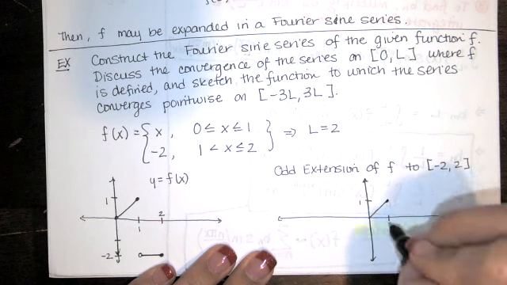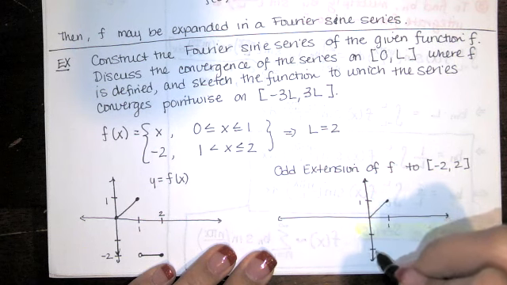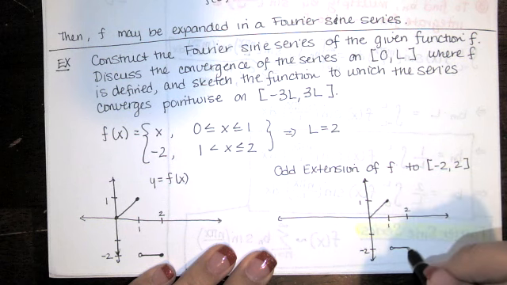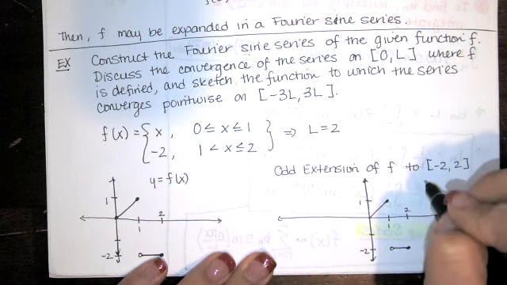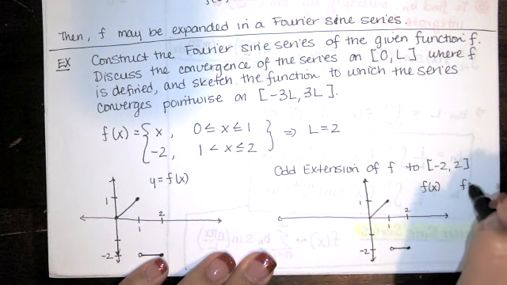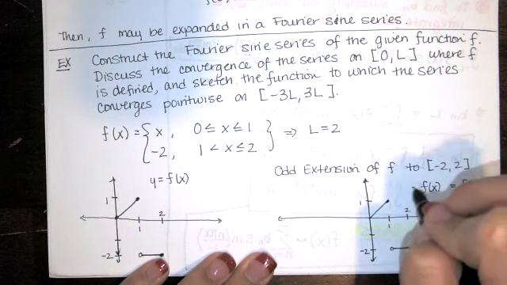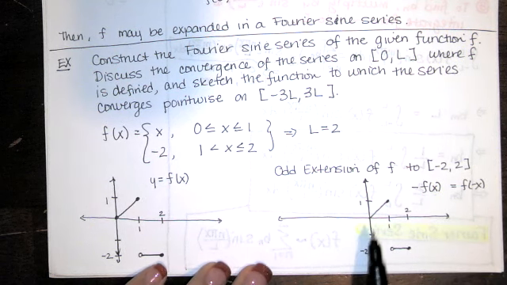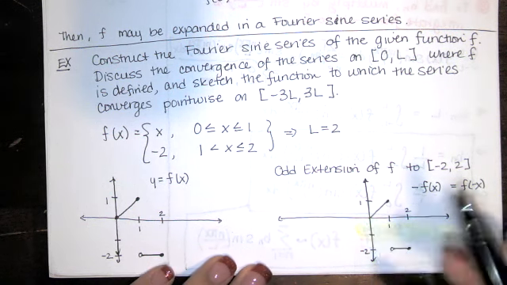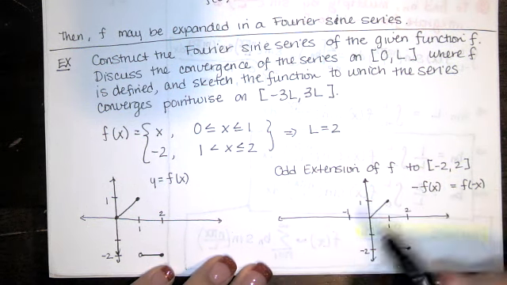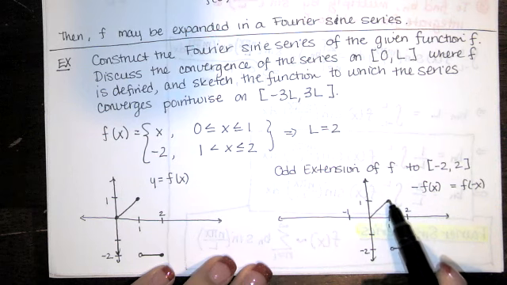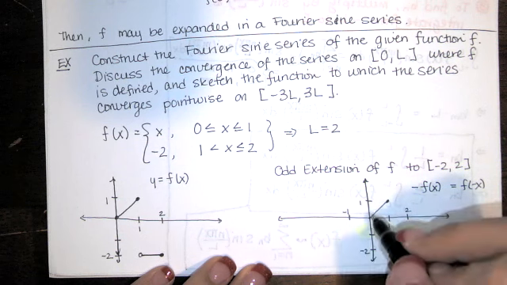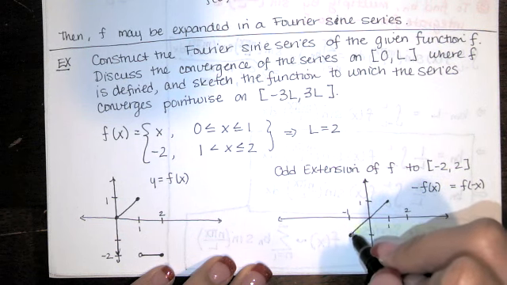And on the interval from 1 to 2, we get -2. But we want f of x and f of -x to be opposites of each other. So when I come over here to -1, if I go over here to x equals 1, I get +1. If I go over here to x equals -1, I want the opposite of that. I want -1. So we're going to see this on this side.